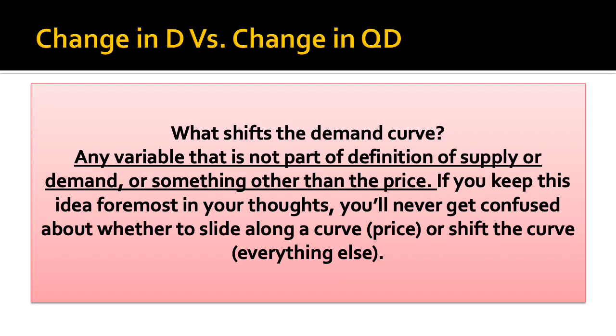One very important distinction that we need to make is a change in demand versus a change in quantity demanded. A change in quantity demanded is simply movement along a given demand curve, whereas a change in demand will actually be a shifting in and out of that demand curve.